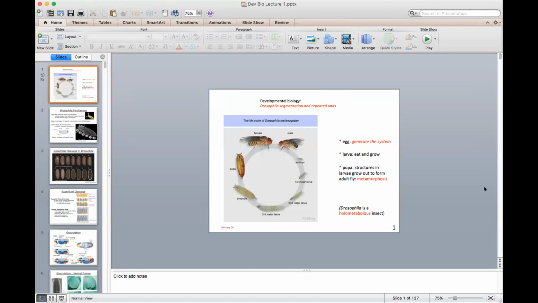Drosophila suddenly picked up as one of the most important model systems for understanding development, because genetics of the system was the forte of this model system. You could employ genetics.